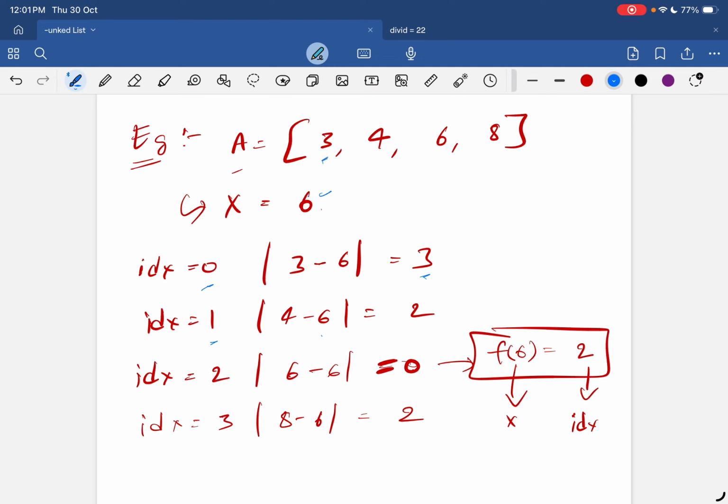At index 1, the absolute difference between 4 and 6 is 2. At index 2, the absolute difference between 6 and 6 is 0. And at index 3, the absolute difference between 8 and 6 is again 2. As we want the minimum absolute value, we got 0 here. So f(6) would return the index 2.